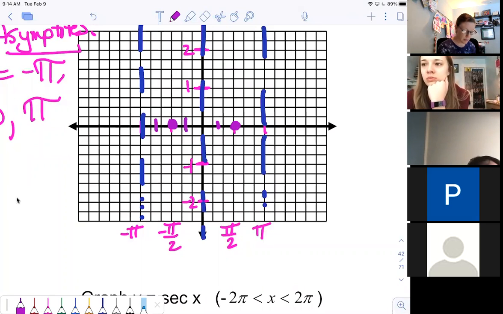And then in between the x-intercept and the asymptote, that's our 45-degree angle, our pi over 4 angle. Because cotangent is decreasing, the left side is up at positive 1, and the right side is down at negative 1.